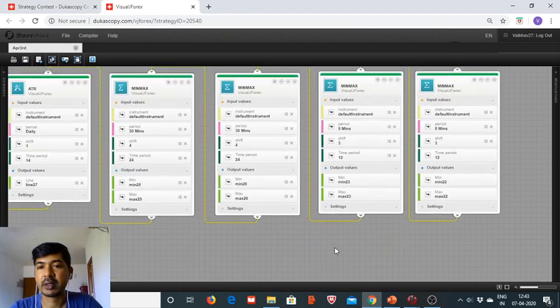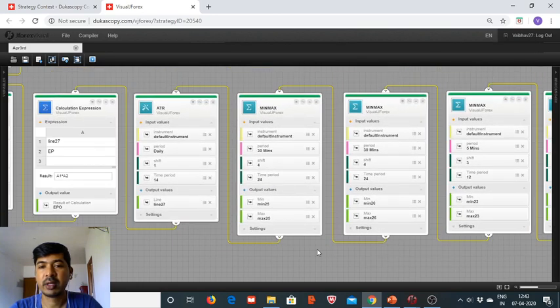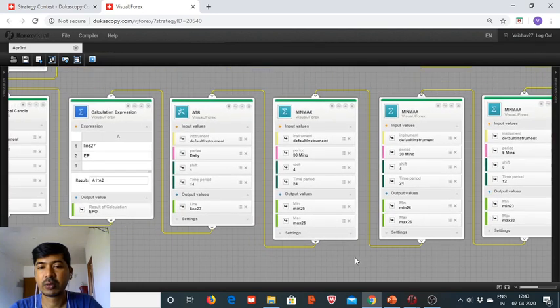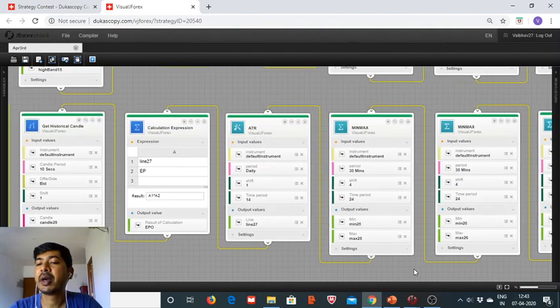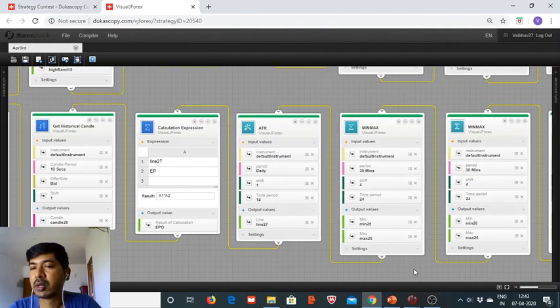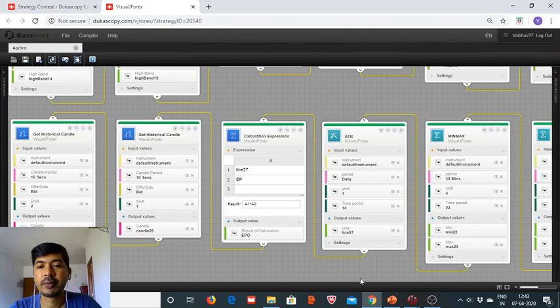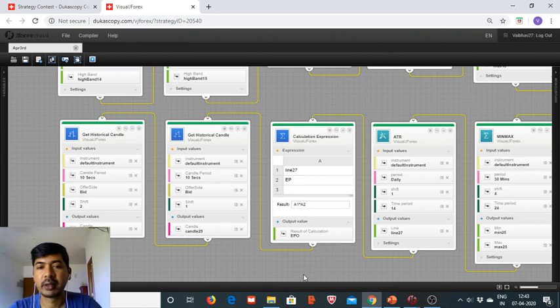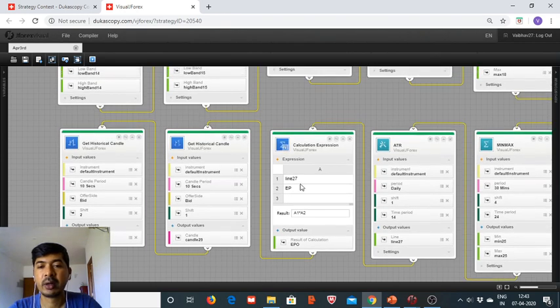So we are bringing in the shift 3. Then again the min-max conditions to compare the current values to the values 2 hours back, another precautionary measure, and the ATR, and we have defined this at 20% of the ATR.